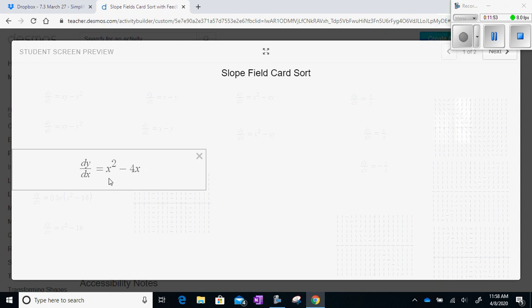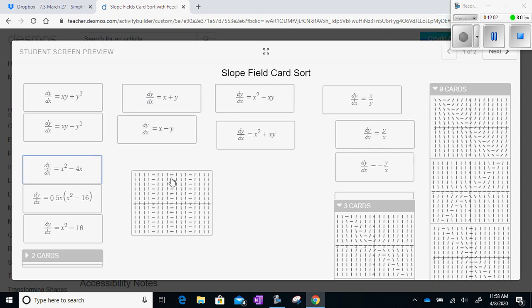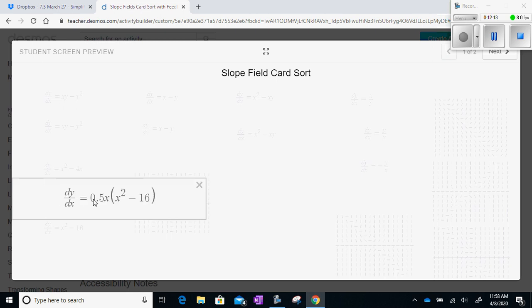Factor out an x, and I get x, open parentheses, x minus 4. That'll give me x equals 0 and x equals 4, which would work if x equals 0 and x equals 4 were the only two places where you saw the horizontal tick mark. But I see a horizontal tick mark over here, -4 as well. That leads me to this card right here.